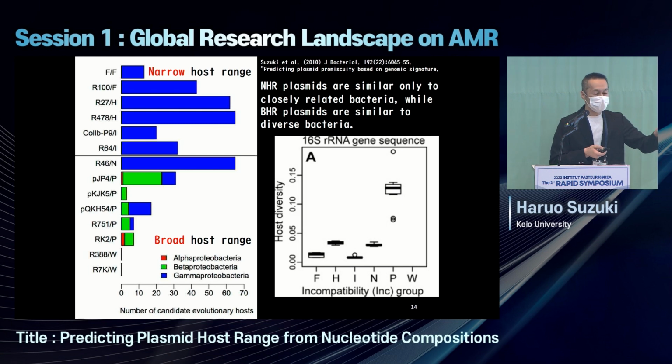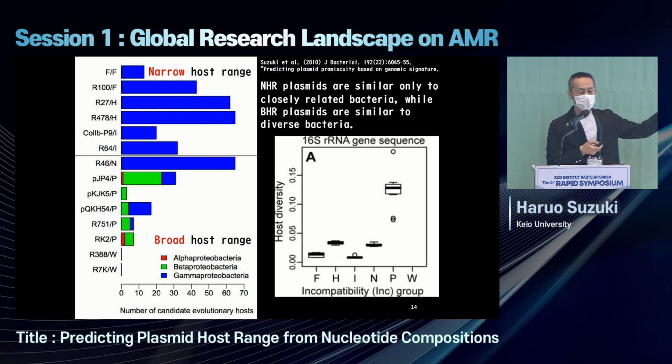This figure shows the number of candidate evolutionary hosts for each plasmid based on trinucleotide composition. The bar indicates the number of hosts in which the plasmid could have evolved.